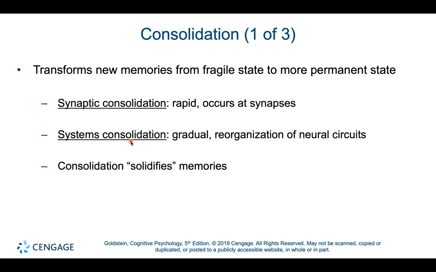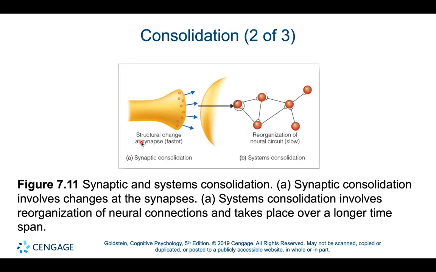It's a larger scale, and it has to do with the reorganization of large scale neural connections across the brain. So synaptic consolidation is like one neuron talking to another neuron and strengthening that connection between neuron A and neuron B. Systems consolidation is the sort of web of connections across the brain. It's a little slower, it's more gradual, and it's about reorganizing this large web of connections in order to solidify a memory.